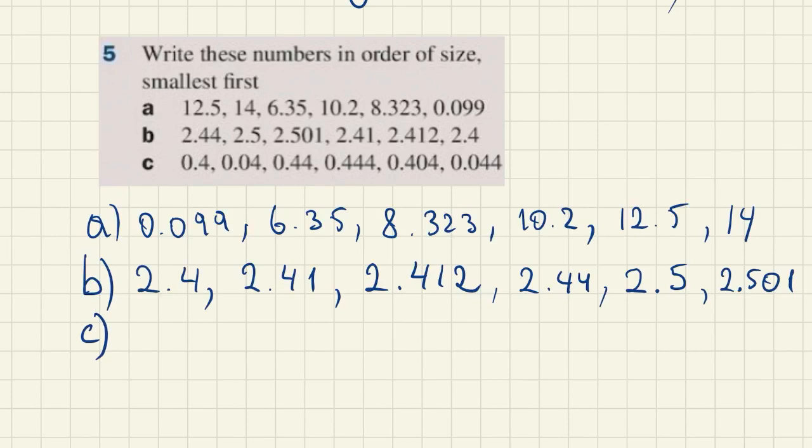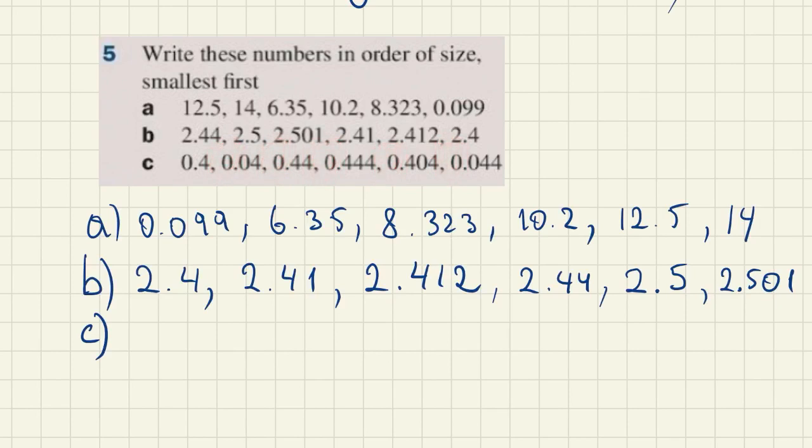Again, you can pause the video and try it yourself. I hope you did. Let's go on. Let's try this together. So we have 0.4, 0.04, 0.44, and they look so similar. This is so confusing, right? They all have 0 in them, so the whole part does not help us at all.